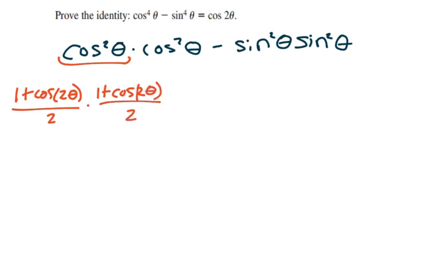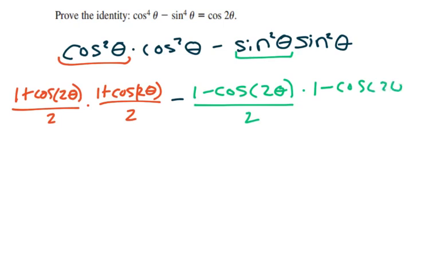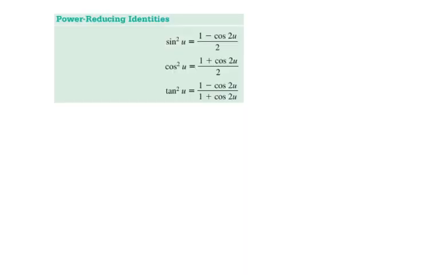And then we could also have sine squared theta, which is going to equal 1 minus cosine of 2 theta over 2, and then another 1 minus cosine of 2 theta over 2. And so again, we've written these pieces.